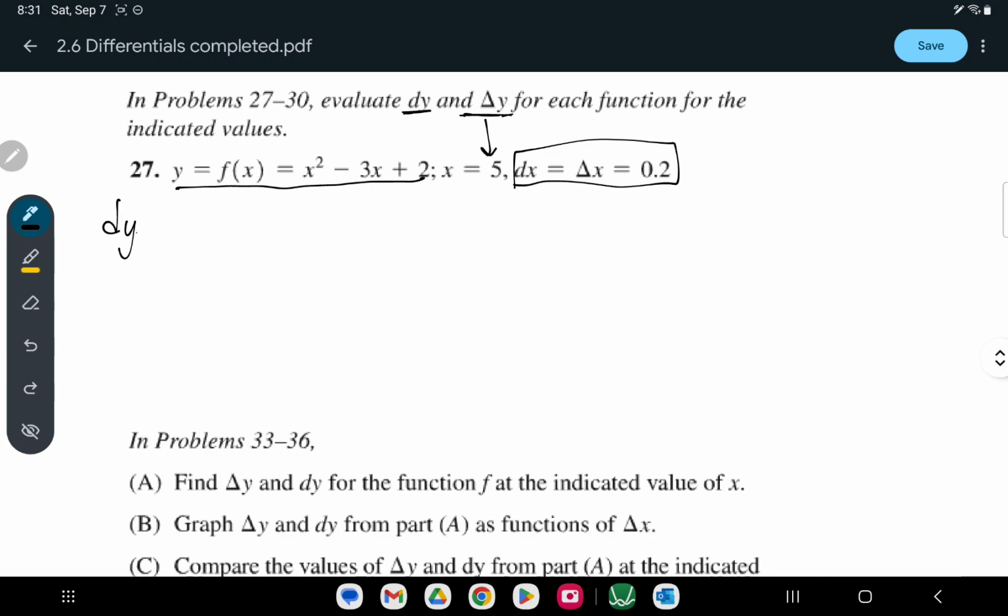Let's find dy. So remember, dy is the derivative times dx. Let's find the derivative first. So that's 2x minus 3 times dx. We have an x value, so I'm going to substitute that in.